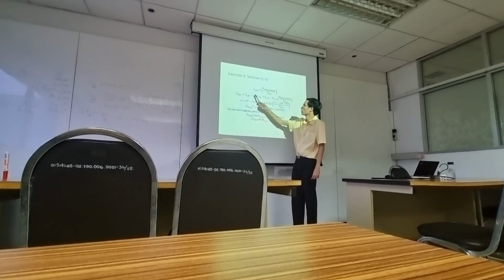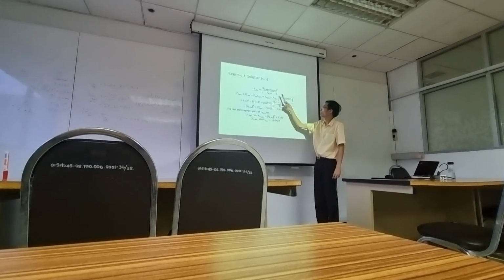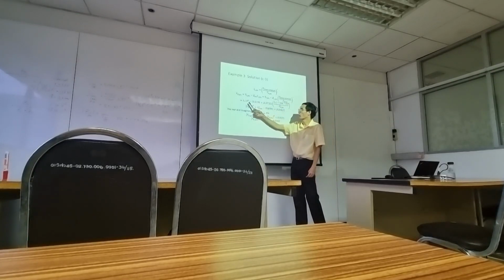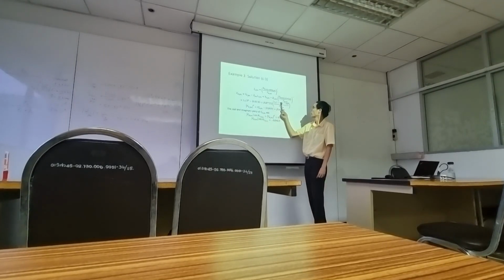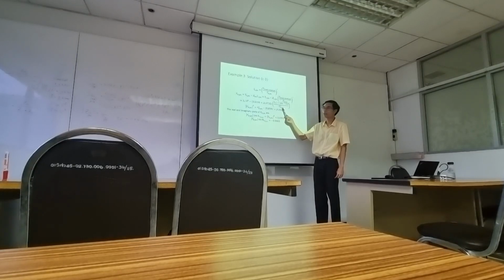VR is Vs minus Z I, and just substitute this current into here. You have something like this. And then this is the value. VR in per unit equals 1 minus Z times S divided by VR conjugate.